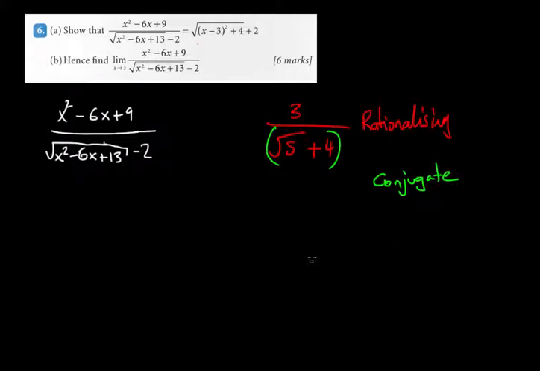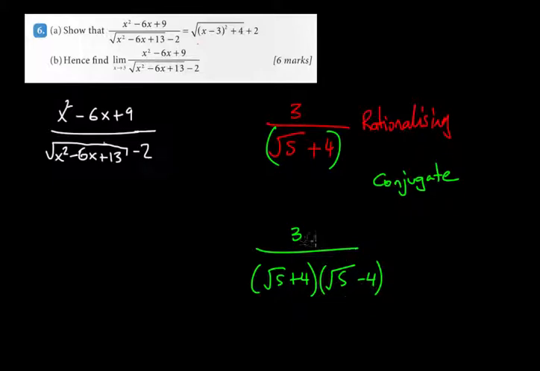And what we do is we say, well, if I multiply it by its conjugate, what I end up with is this. Right? And if I do it at the bottom, I've got to do it on the top, otherwise I'm changing the thing, and I'm not being asked to change anything, I'm just asked to rewrite it, so I mustn't change it. So I do it to the top and to the bottom.